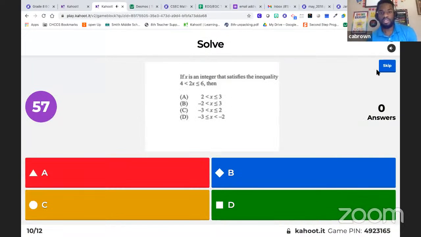If x is an integer that satisfies the inequality 4 less than or equal to 2x, less than or equal to 6, then what is the value of x?